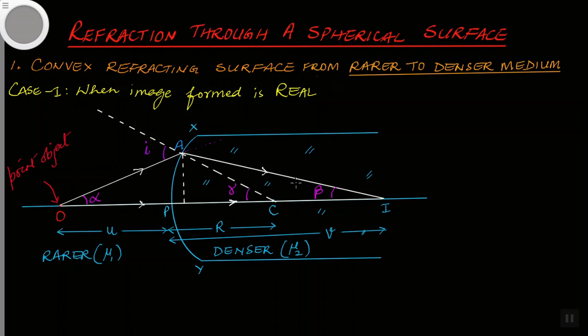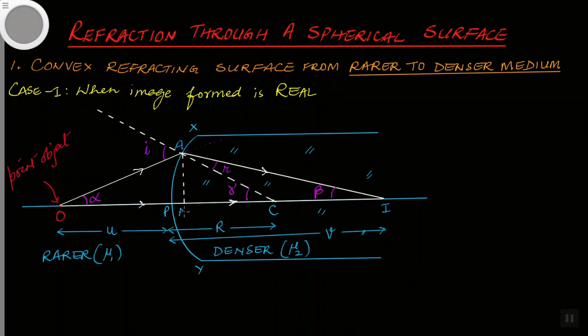It bends towards the normal like this, and this refracted ray and the ray along the axis meet at the point I to form the point image at I. AI here is the refracted ray. This is the normal. The angle between the refracted ray and the normal is the angle of refraction, denoted by R. Is it clear?